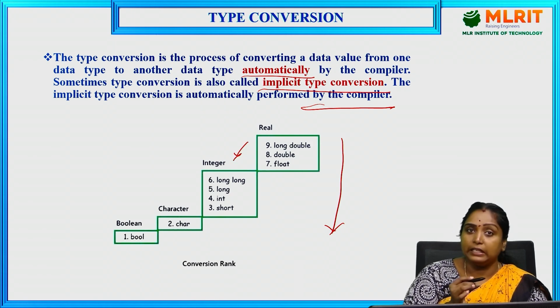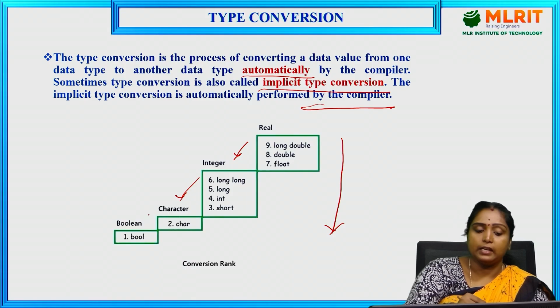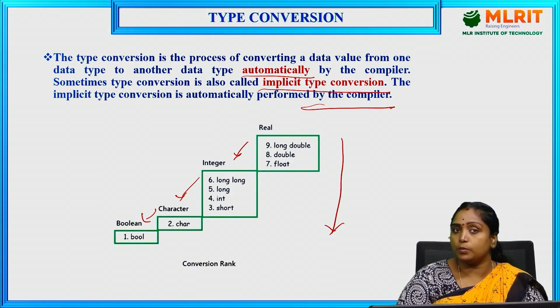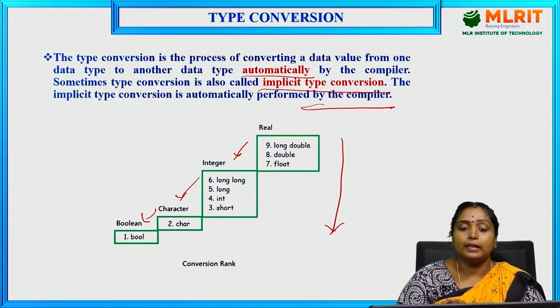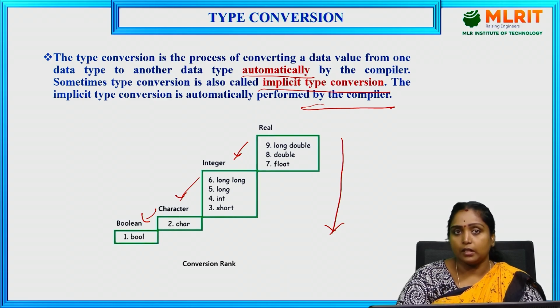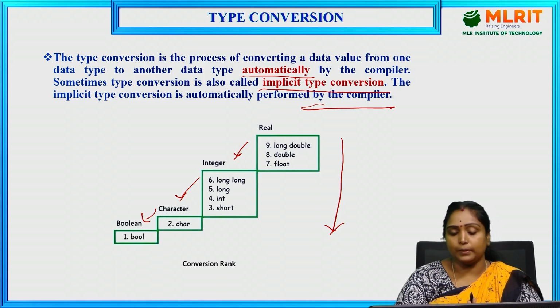When I have an integer value, that could be converted to a character value automatically. When I have a character, that could be converted to boolean automatically. This is how the implicit type conversion works. So from higher order to lower order, higher conversion rank to lower conversion rank, you can use implicit type conversion.